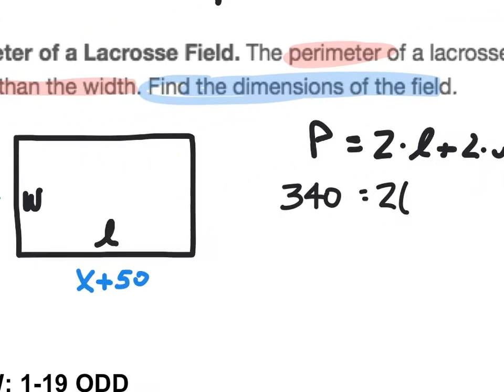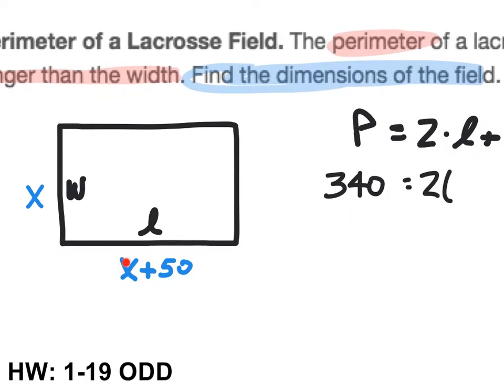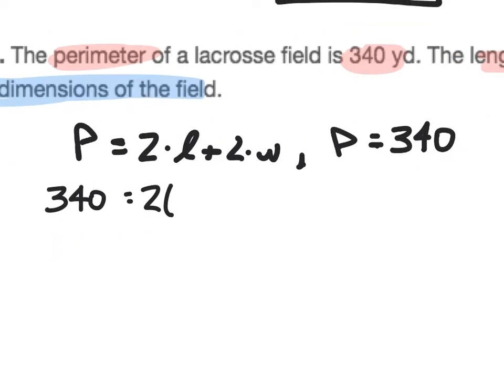Now the length is equal to x plus 50, so I'm going to plug this in as x plus 50. And then I'm going to add 2 times my width, which was just x.